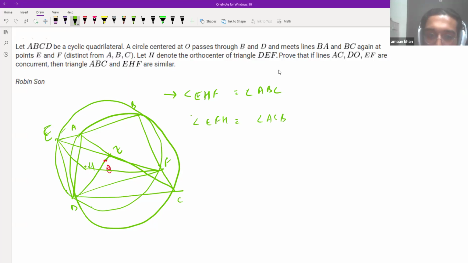Does anyone have any ideas? How do you relate EHF to other angles? H is the orthocenter. How can you use that?